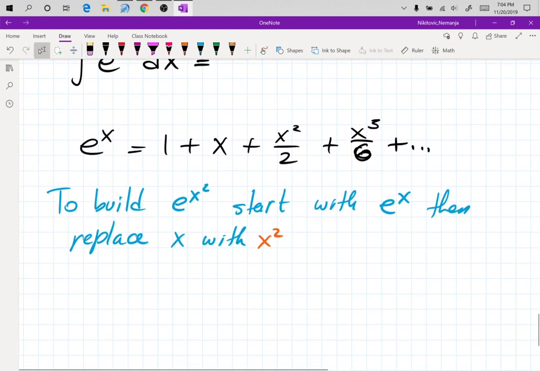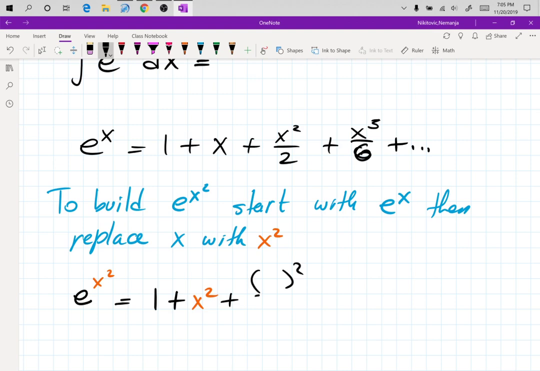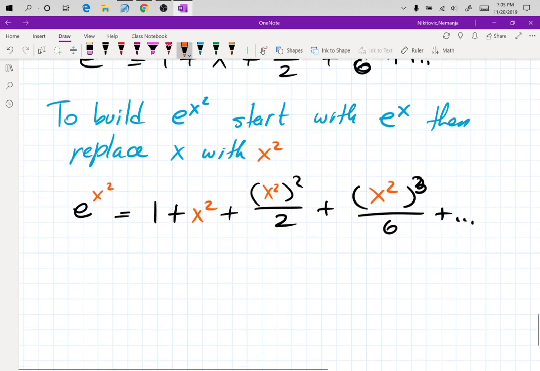So now do we see that all I need to do is to write e to the x squared: instead of x, it will be 1 plus, and now you're replacing every x with x squared.